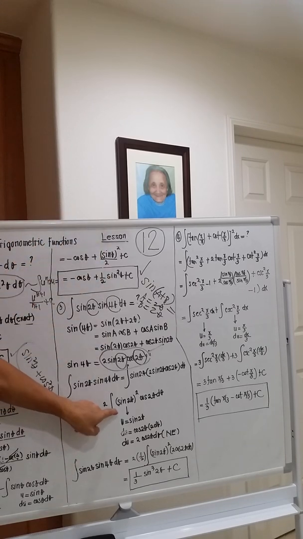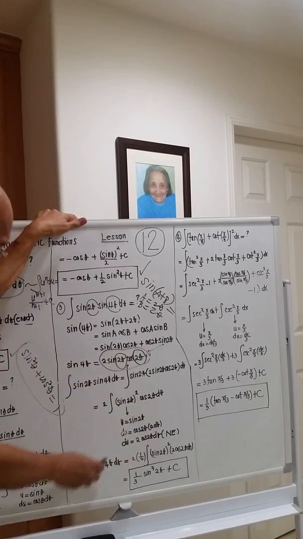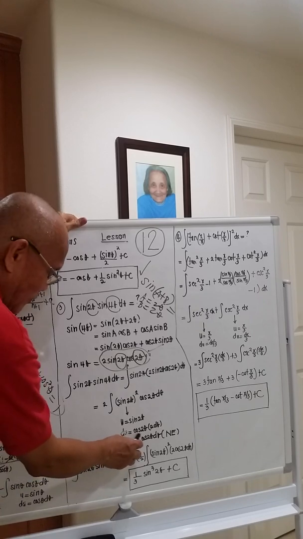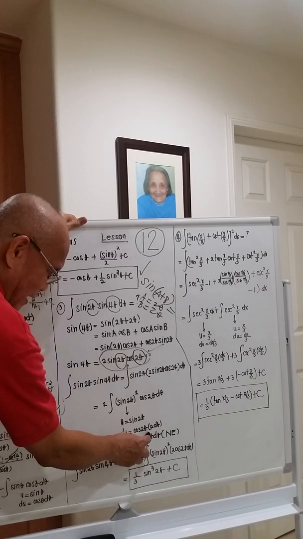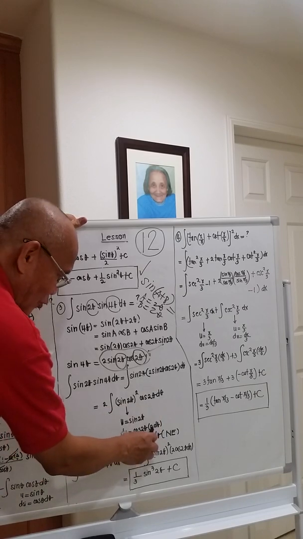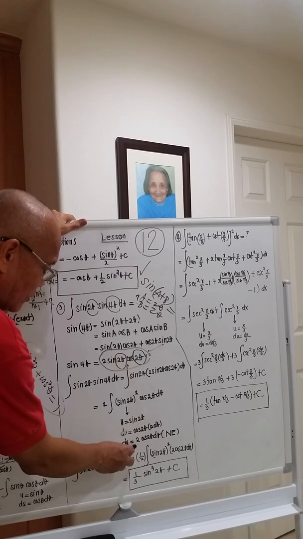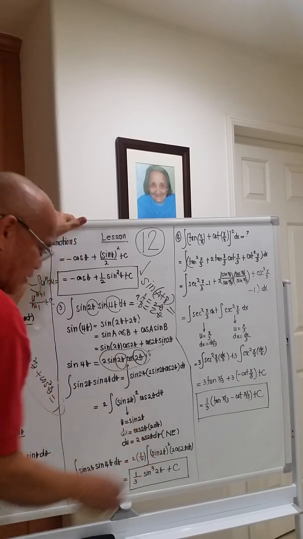I think this is under the power formula. The value of u under the exponent is sine of 2 theta. du will be the cosine of the angle, cosine of 2 theta, times the differential of the angle, which is twice differential theta. du will be 2 cosine of 2 theta differential theta.